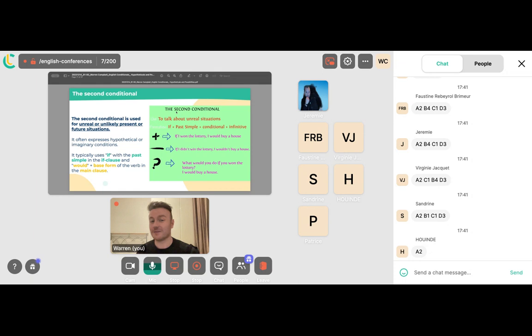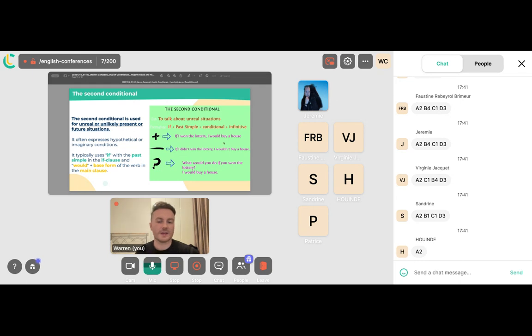So the fact that we have the second conditional, the past simple being the second form of the verb, it's a good way to remember the grammar we use here. Now, just like the first conditional, it typically uses if. Except with the first conditional, we use the present simple. Second conditional, we use the past simple.